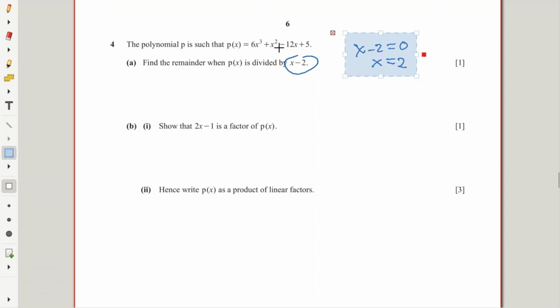So you just put that value into the expression. There's no reason why you should get 0 in add math, because they always give you simple questions like this as your first question.